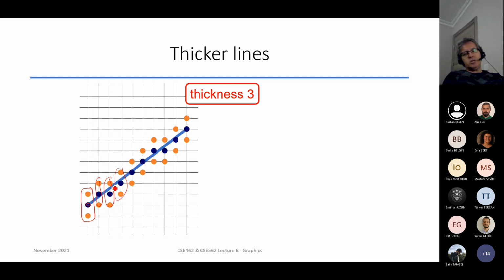So adding thickness is just, once you have X and Y, you have X, Y plus 1, and you have X, Y minus 1. These are all integer arithmetic. It's very, very simple, and you can achieve a thickness of anything that you want.